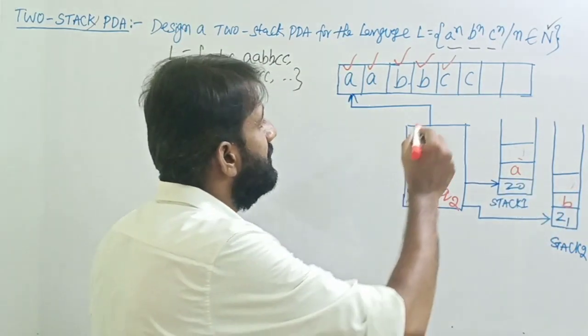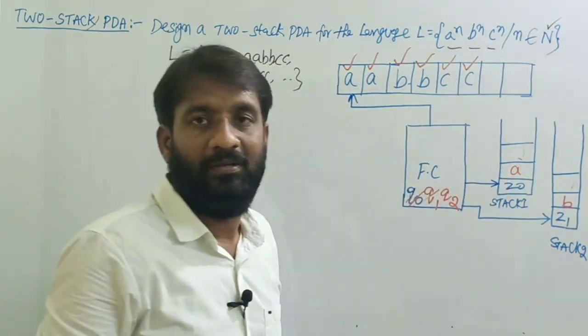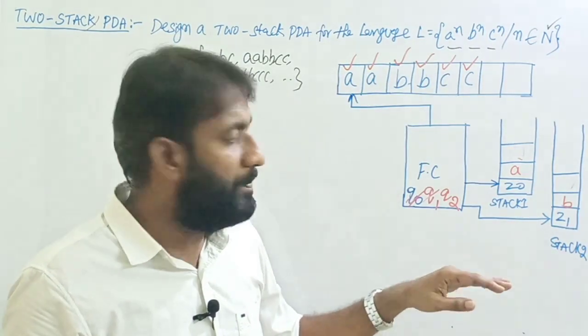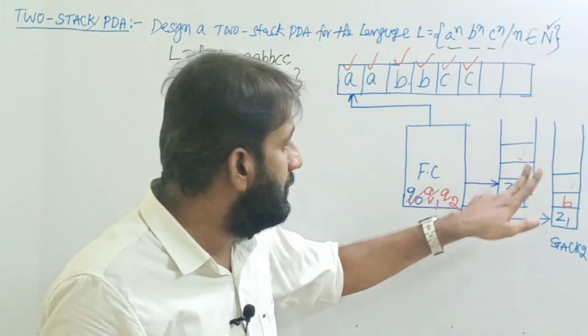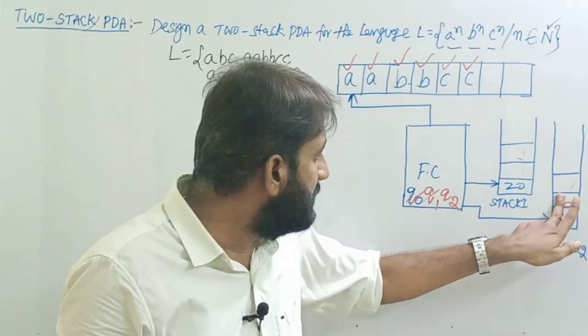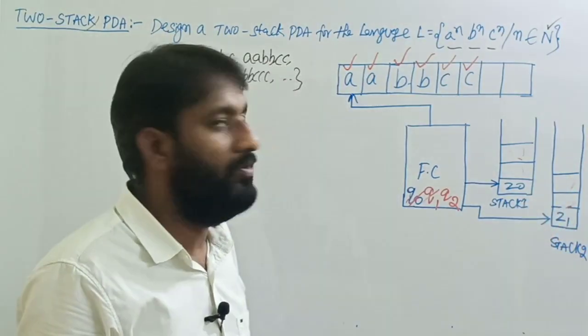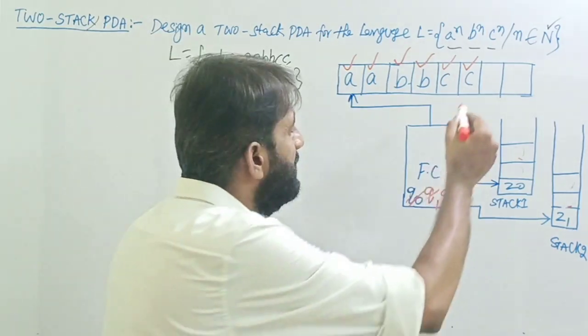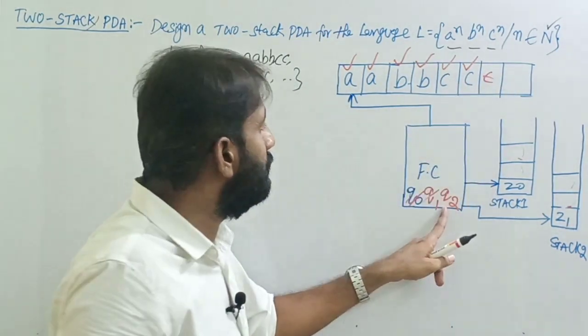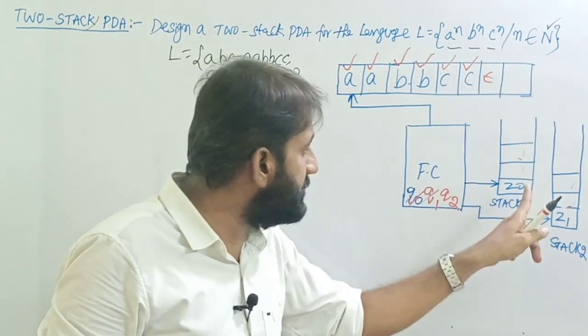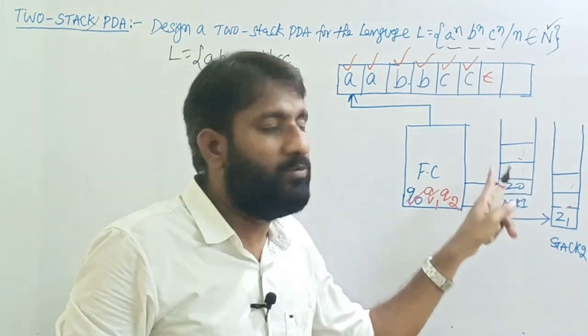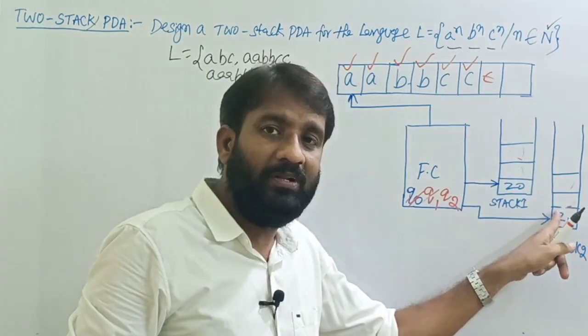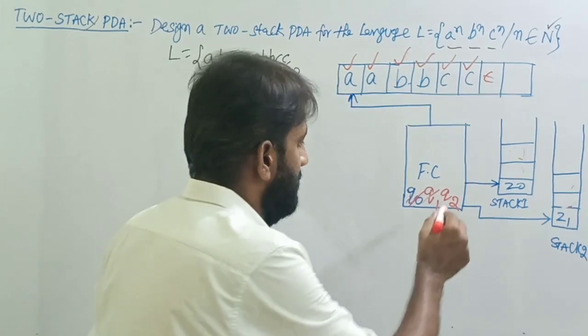Then next input symbol is C. So remove the top element from stack 1, remove the top element from stack 2. After all C's are exhausted, there is no input symbol, meaning it is epsilon. So Q2 with epsilon, top of stack 1 is Z0, top of stack 2 is Z1, move to the final state.